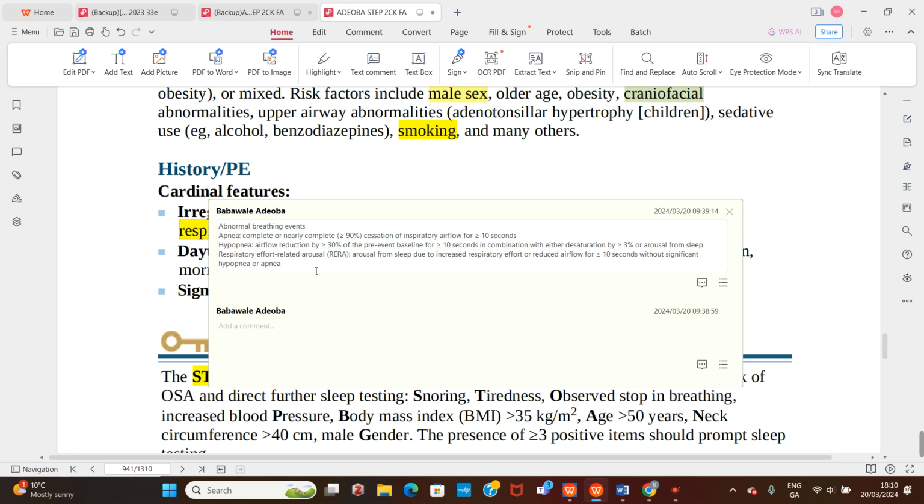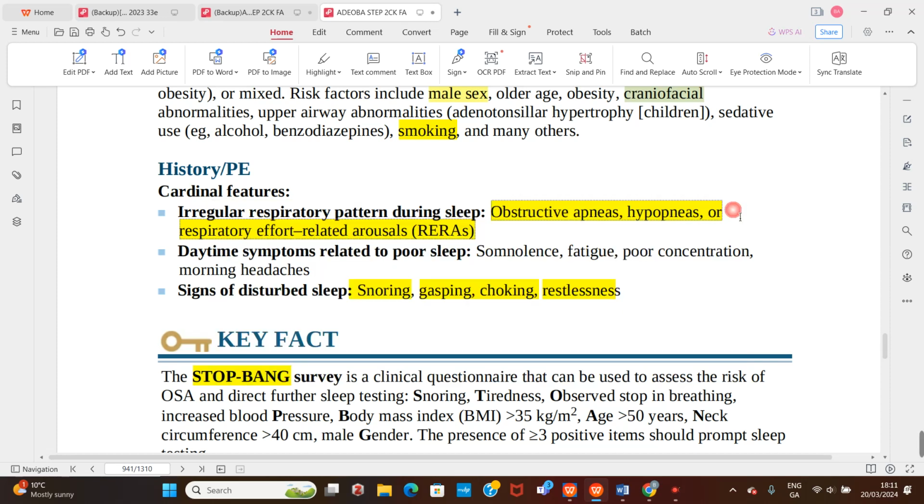They wake up because of increased respiratory effort, or there's reduced airflow for 10 seconds, but it is not within the range of apnea or hypopnea. So let's say maybe they wake up because there's a 20% drop in airflow. You can call that RERA. That has not fallen into the category of hypopnea because hypopnea has to be a 30% drop. So all these three patterns can be experienced in people with obstructive sleep apnea.